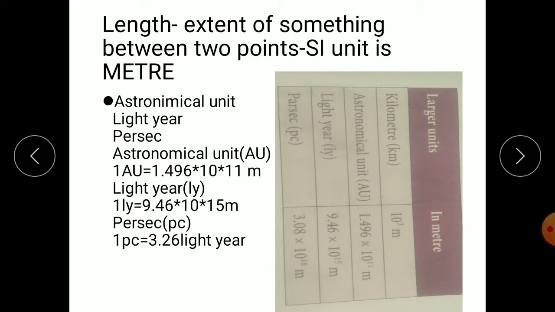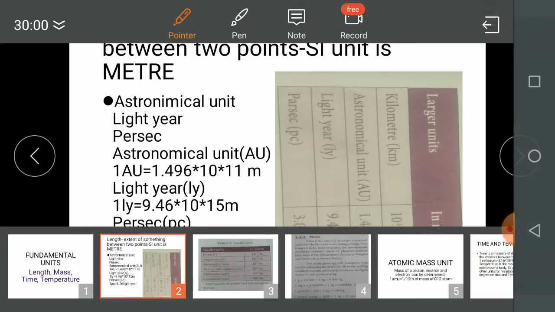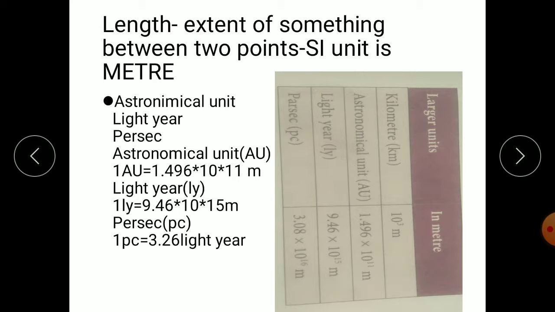Another larger unit is parsec, which is represented as PC. It is the distance used to measure astronomical objects outside the solar system.